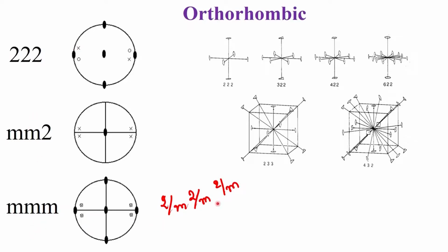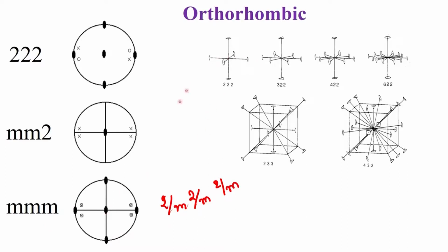The 2 by m, 2 by m, 2 by m is the highest possible symmetry that can be associated with an orthorhombic system. The number of equivalent points here is 4, the number of equivalent points again in MM2 is 4, whereas the number of equivalent points in MMM happens to be 8.